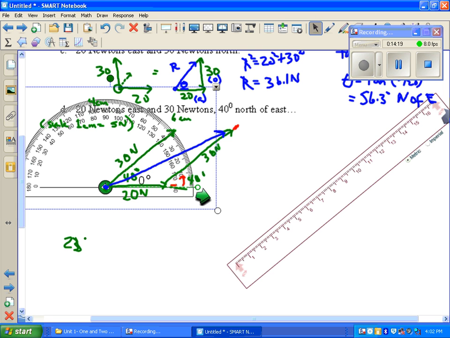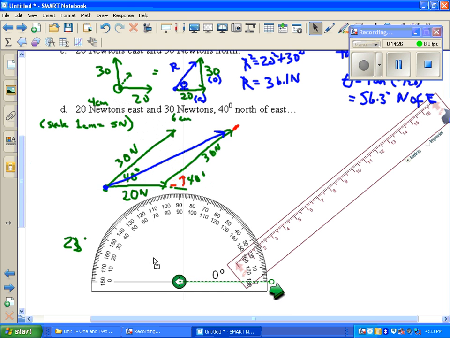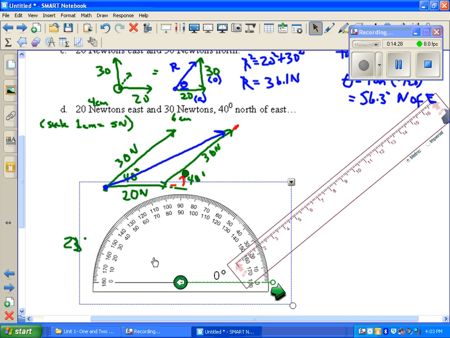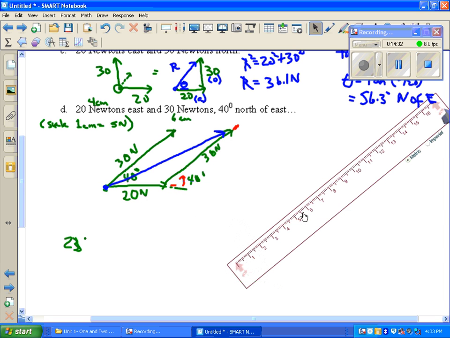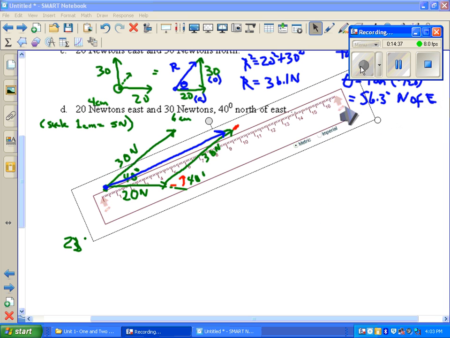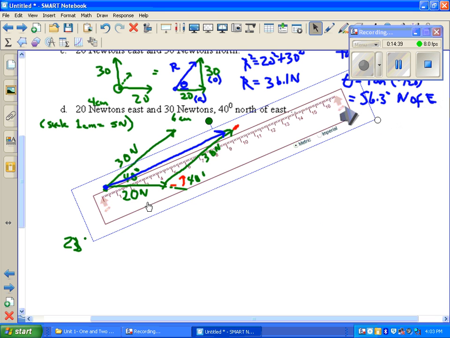And then for the magnitude or size of it, I have to use my ruler. So I'm going to take and slide my ruler along here.